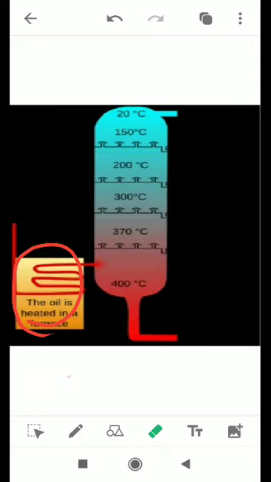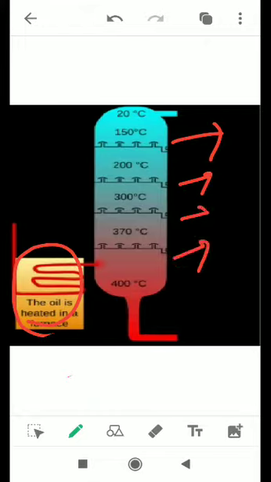And when this boils, it changes into vapors and they are collected in the various fractions. Okay, these vapors can be collected according to their boiling points in the various fractions, and they are used for different purposes.